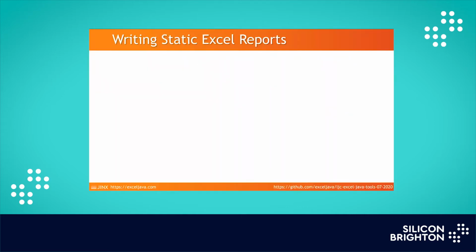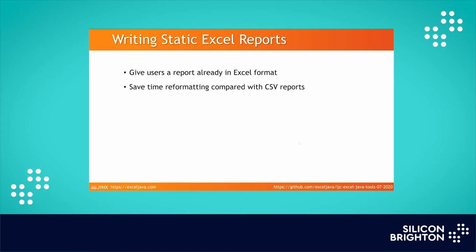So, the first thing I mentioned there was writing static Excel reports, and a lot of you will be familiar with this already. The advantages are, we can give users a report that they can just double click and open, and we can save time by reformatting these reports compared to just giving them a CSV report.